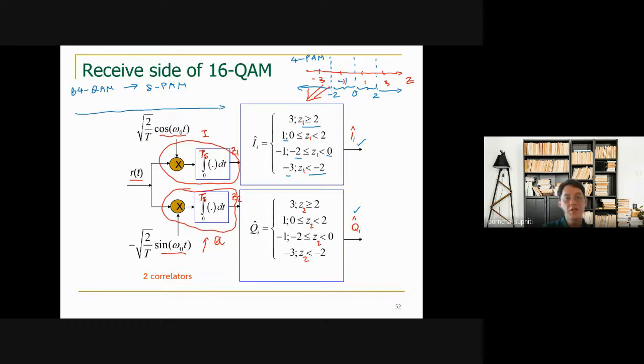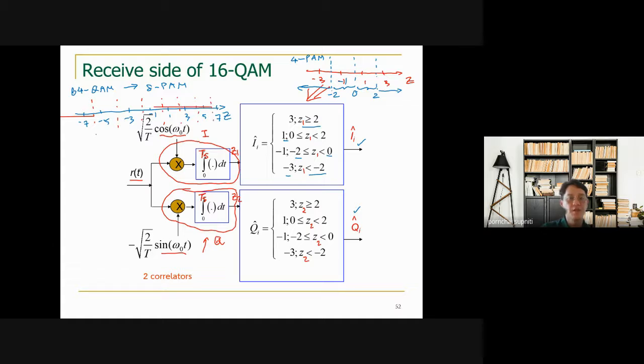So the condition on the receive side for Z goes from 4 to 8 levels: minus 7, minus 5, minus 3, minus 1, 1, 3, 5, 7. These are the 8 symbols of 8 PAM, so the thresholds have to be in the middle. Your conditions will be longer because there are more conditions involved in the decision.